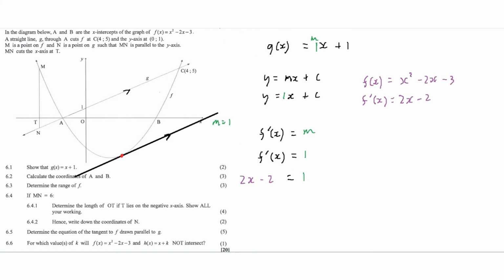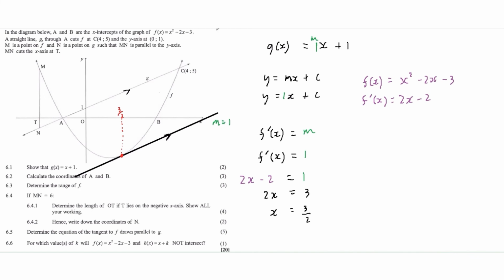And then we're just going to solve for x. You bring the negative 2 over. We have 2x equals 1 plus 2, which is 3, and x equals 3 over 2. So that's going to give us our x coordinate of this point over here.